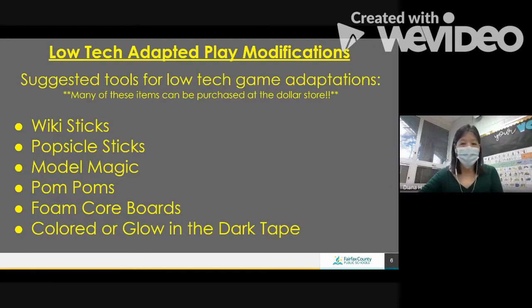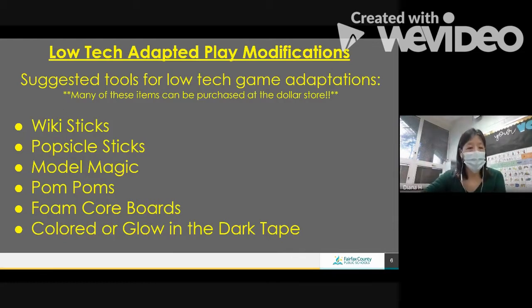So here at Poplar Tree, some of the low-tech adaptations we have created have included tools such as using wiki sticks, popsicle sticks, pom-poms, foam core boards, or colored or glow-in-the-dark tape. The best part of many of these items is that they can be purchased at your local dollar store, which is one of my favorite stores to shop in.